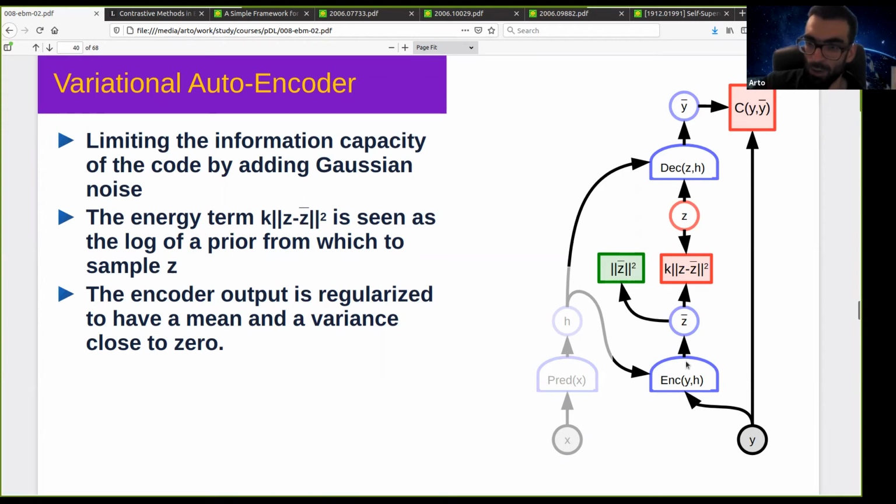So we encode this y here, and we get the parameters of the distribution based on the data point we observe. Then we sample from a distribution whose mean and variance depend on y, and we use it to reconstruct y.